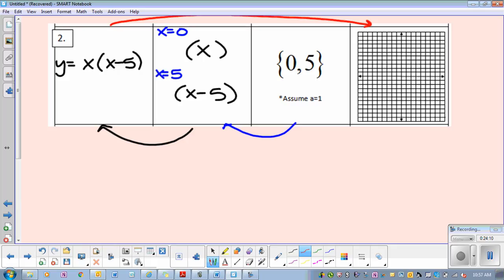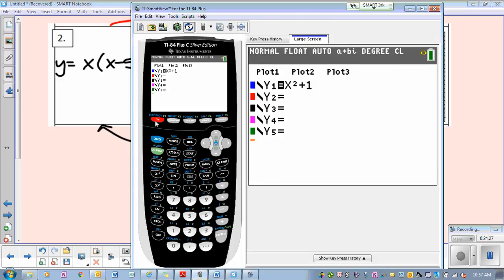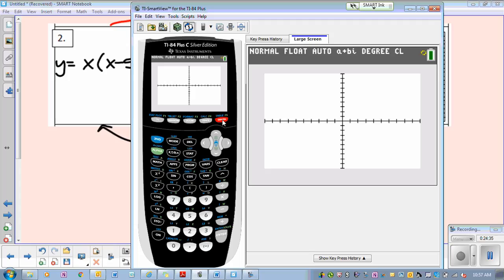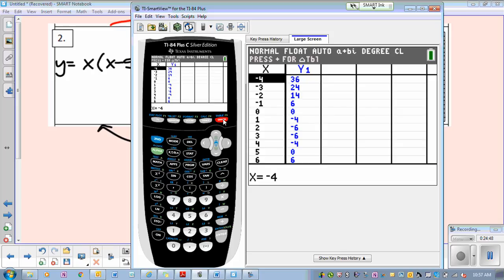You already know your x-intercepts, so you could put in 0, 1, 2, 3, 4, 5, and here's 5. Let's put this into the calculator and see what we get. You can just go to your table, unless I ask you specifically for the vertex.